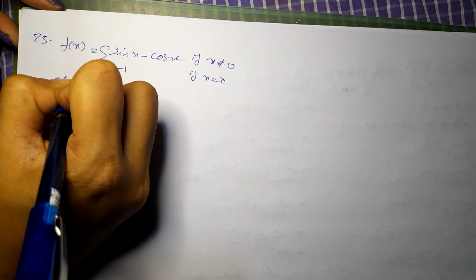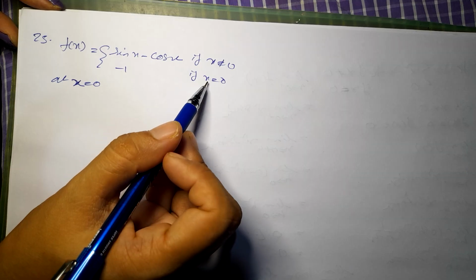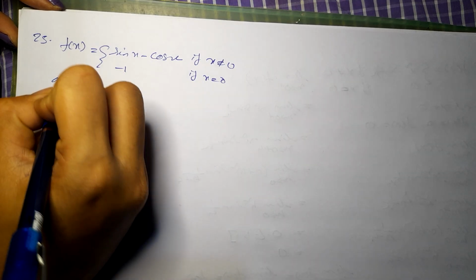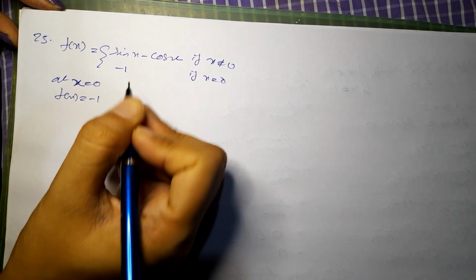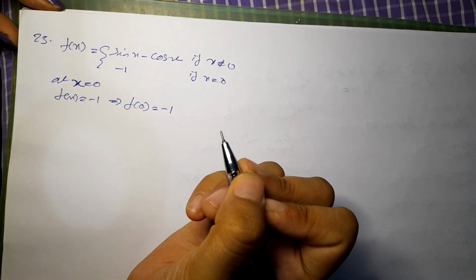We are going to check at x equal to 0. So at x equal to 0, f of 0 is equal to minus 1, it's a constant, so it will remain minus 1.